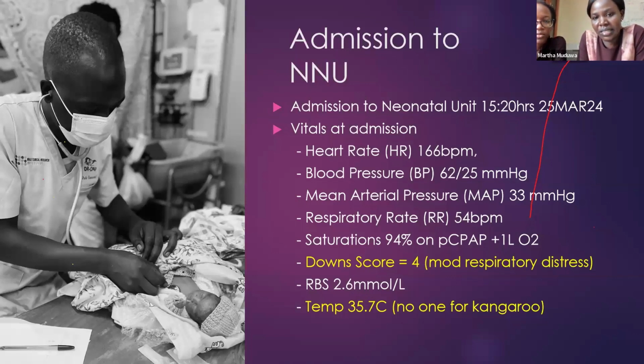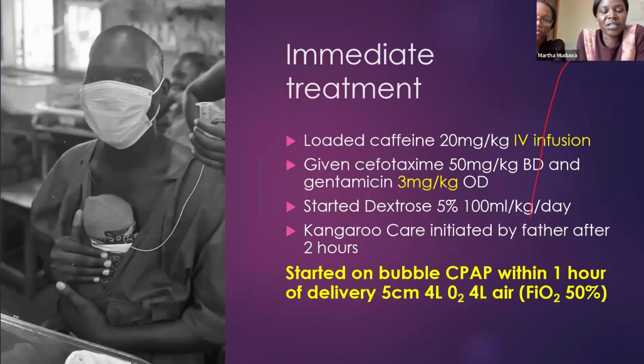The RBS was 2.6, which was very vital for us to do always, to check the blood sugars of our babies right on admission. The temperature was 35.7. That meant that our baby was cold, and it needed us to do kangaroo mother care, but at this point, there was no one.